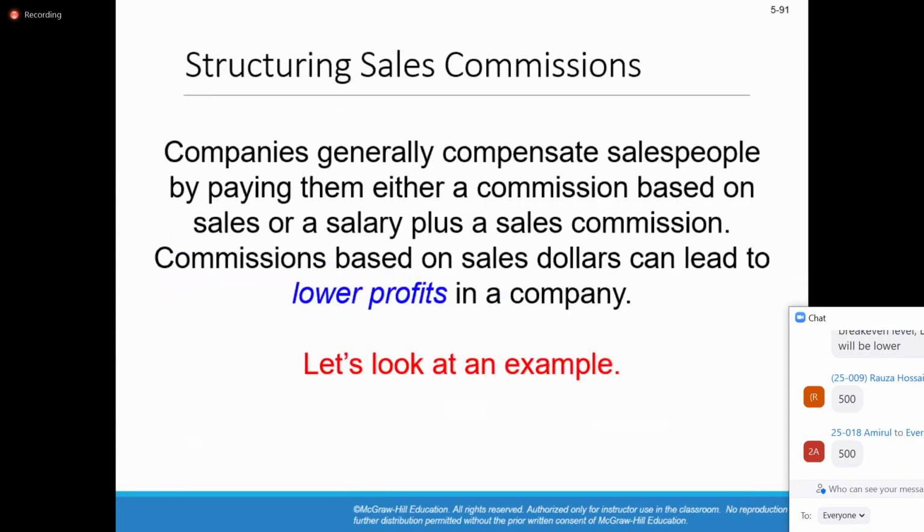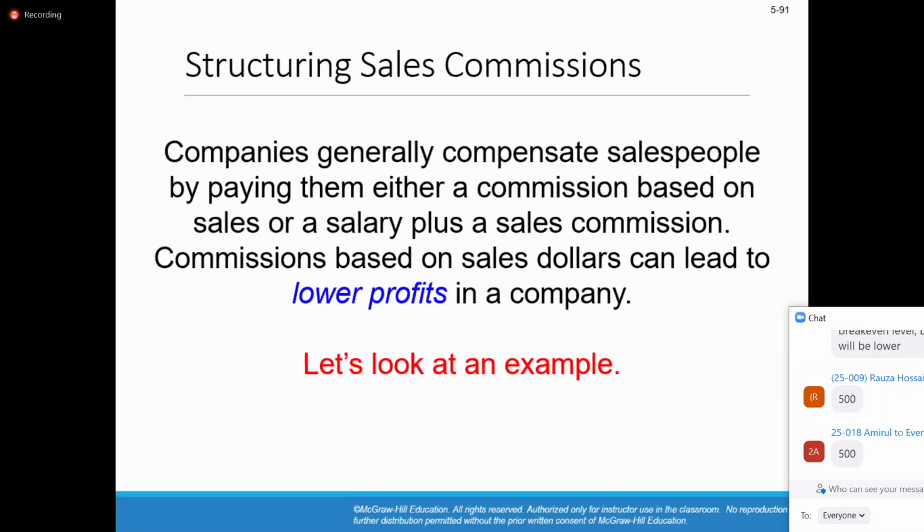In that case, we have some remaining discussion on structuring sales commission. That is interesting: how can we structure our sales commission? Okay.